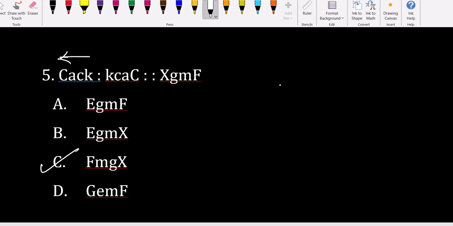Simple. Don't change capital letter to small letter. Few questions will do that, capital letter as small letter and small letter as capital letter also. That change may also happen. But in this question, it's very simple. We have to write it from back to front. So capital F, capital X. That's there in option C. That's the only thing if you observe. That's simple.